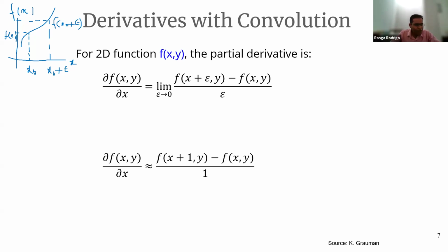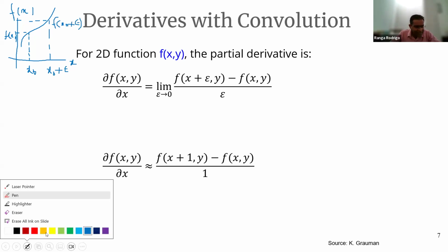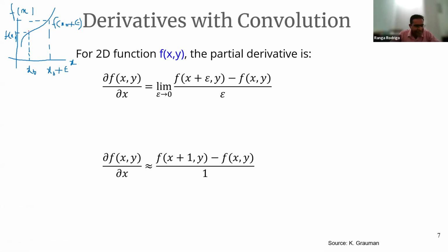So how do you get the slope of this? Consider this as a triangle. We want this distance and this distance. These two distances we take and we divide.